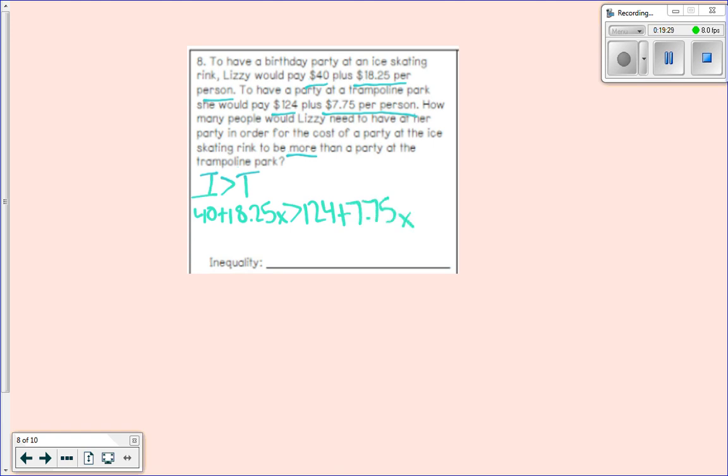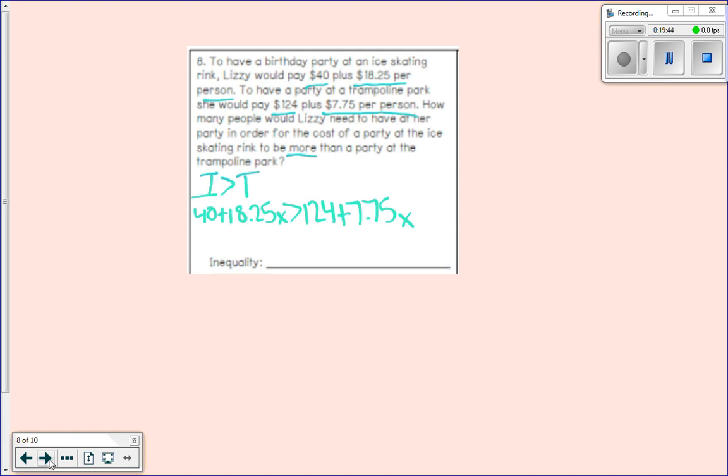Good. I is greater than T. Love it. 40 plus 18 1/4 x is greater than 124 plus 7 3/4 x. Let's give her one big clap. 1, 2, 3. Questions before we move on?